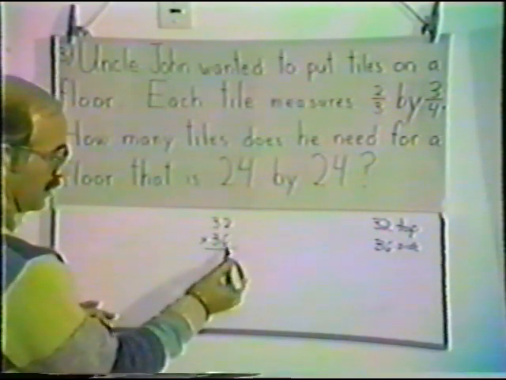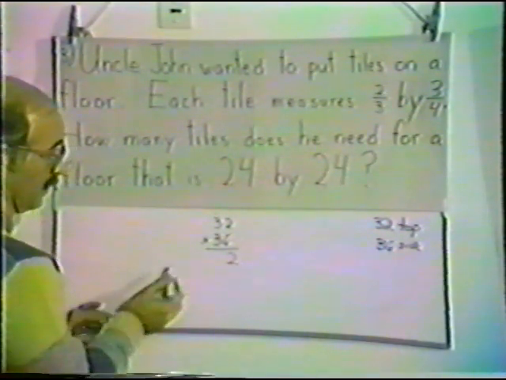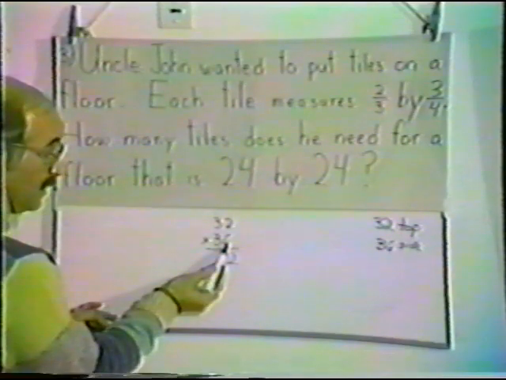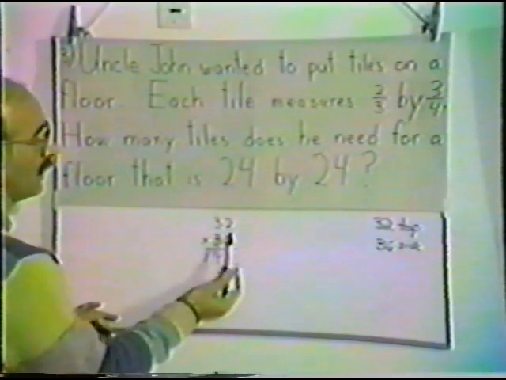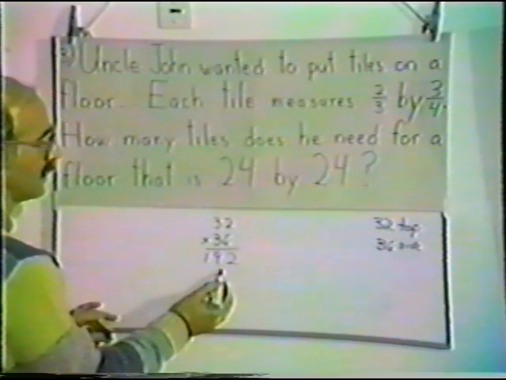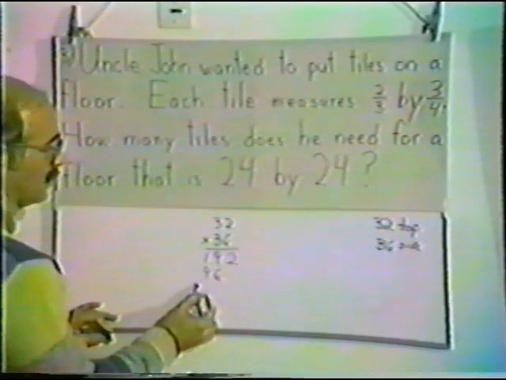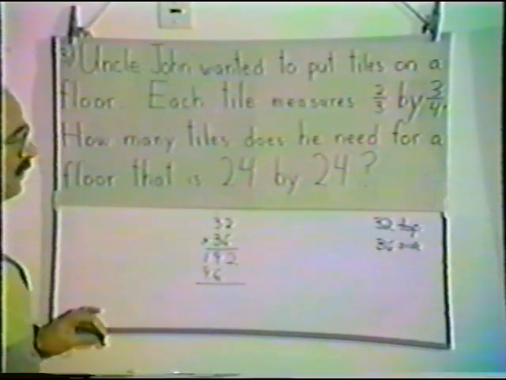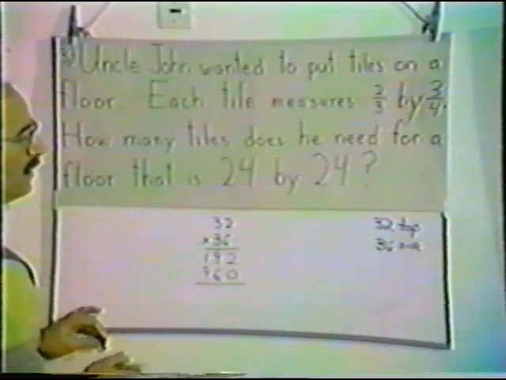2 times 6 is 12. Put down the 2, carry the 1. 3 times 6 is 18, plus 1 is 19. 2 times 3 is 6. 3 times 3 is 9. We add those up. Sometimes we like to put the 0 there.